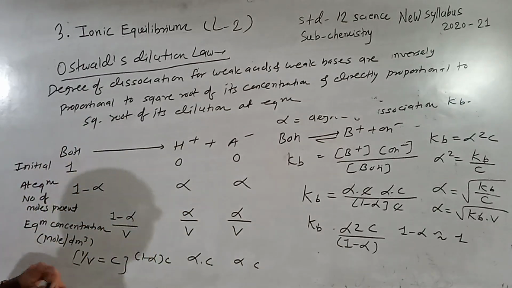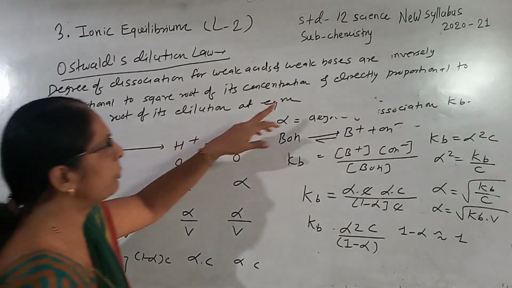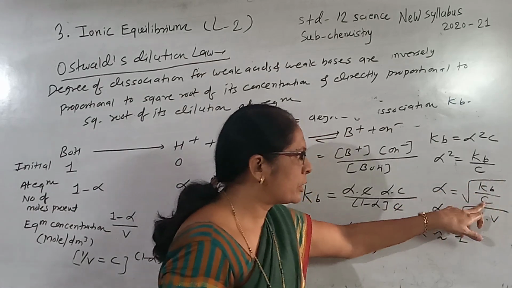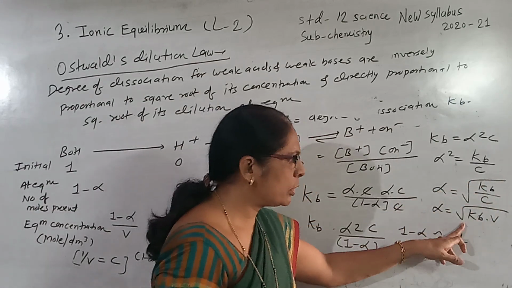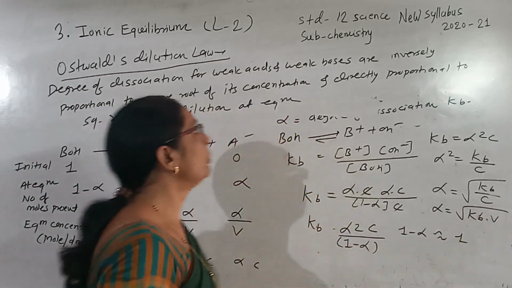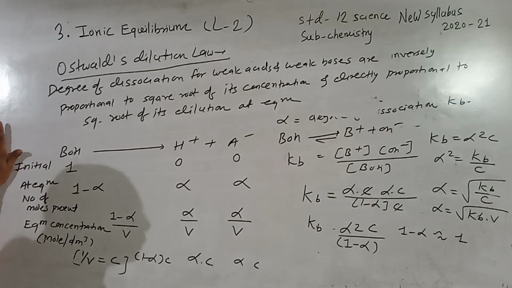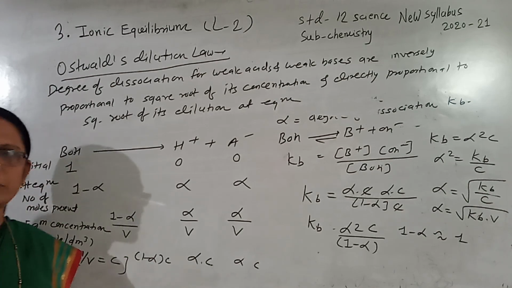So the degree of dissociation for weak acids and weak bases is inversely proportional to the square root of its concentration, or directly proportional to the square root of its volume at equilibrium. So this is Ostwald's dilution law for weak acids and weak bases. Okay, thank you.